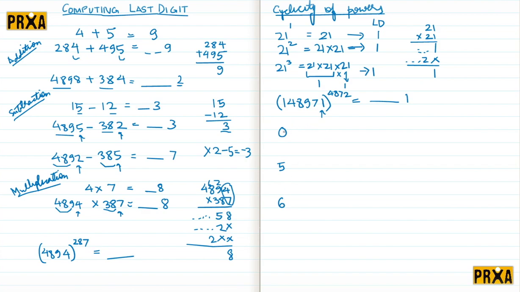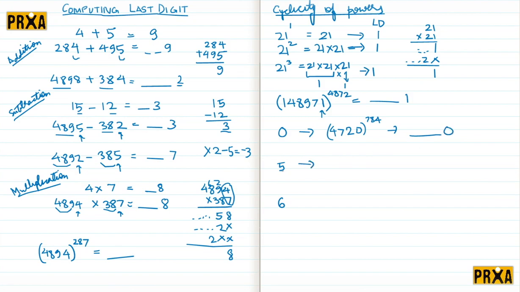Yeah, so any number with last digit 0, any power of that number, let's say the number is 4720, okay, any power of this number, let's say 784, what's the last digit? Clearly 0, no question, right?